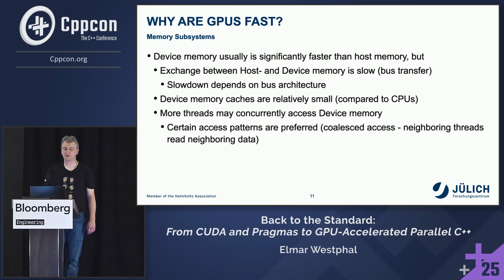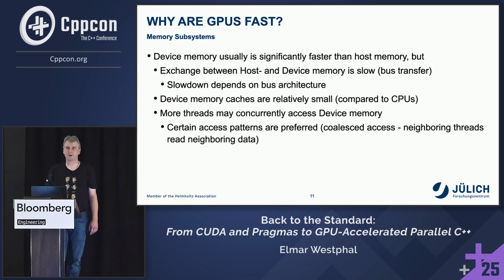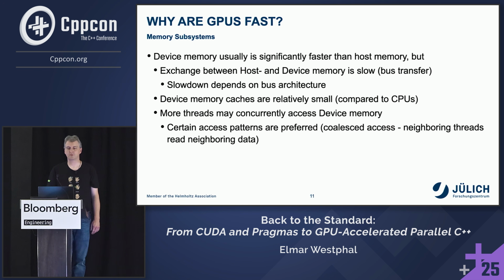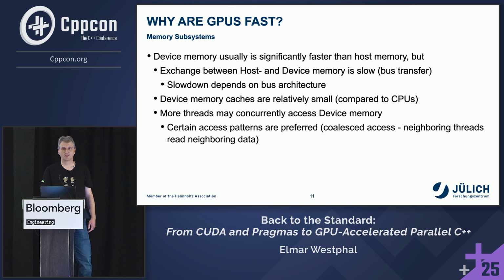The caches on the device are usually small compared to CPU caches, and also there are more concurrent threads that try to use the memory bandwidth. You can mitigate this by adhering to certain access patterns. The one that comes to mind is coalesced access, so neighboring threads read or write neighboring data.